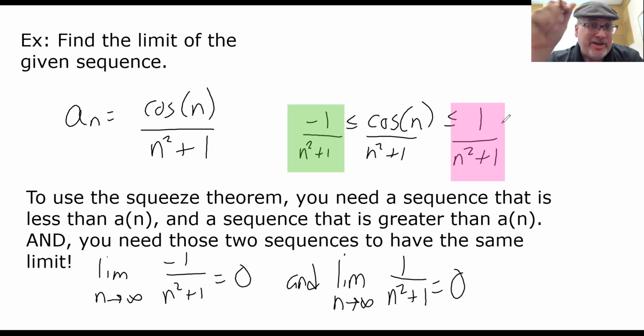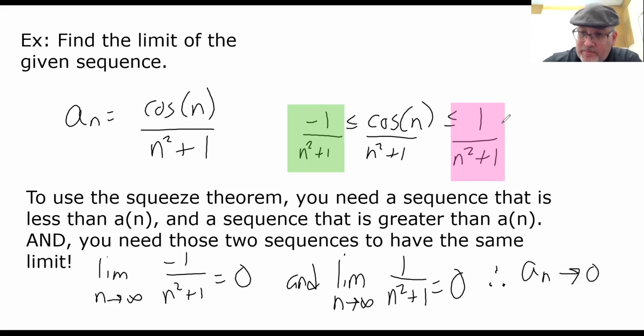The top is static, it's 1, but the denominator is continually growing to infinity. Since both ends of the inequality converge to 0 and we've sandwiched cosine of n over n squared plus 1 between those, the conclusion that we can draw, therefore, is that a_n approaches 0 by the squeeze theorem.